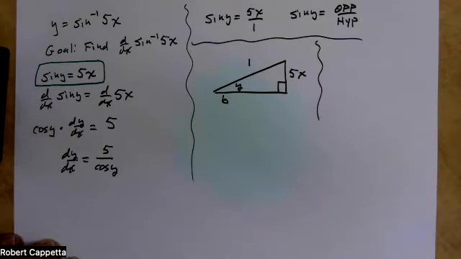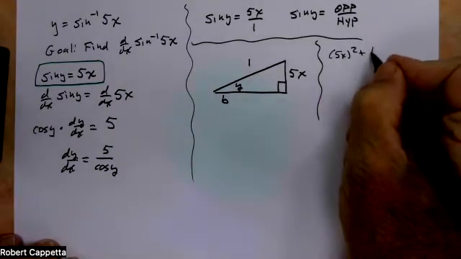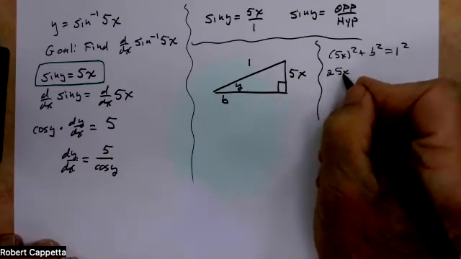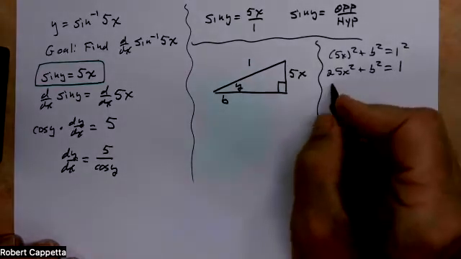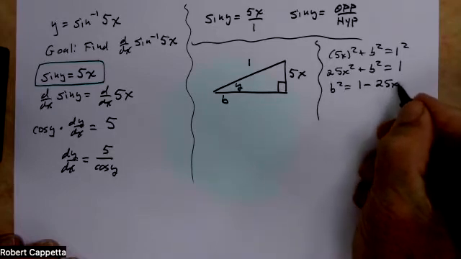That, of course, is Pythagoras. a squared plus b squared equals c squared. So we will say (5x) squared plus b squared equals 1 squared. 25x squared plus b squared is 1. We're trying to solve for b, or b squared. So b squared is 1 minus 25x squared.